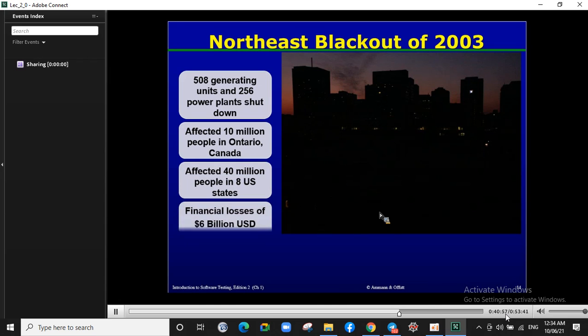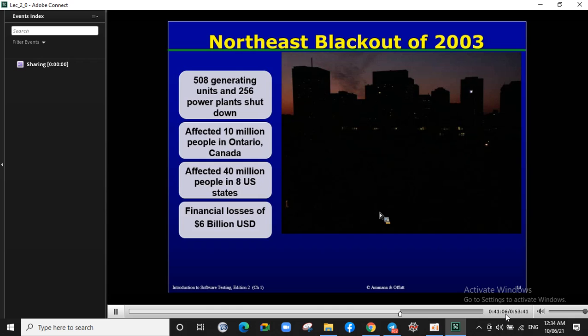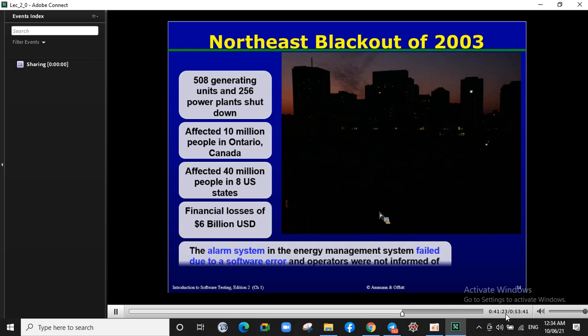The financial loss is about $6 billion. When they checked the root cause, they found that a software failure happened in the alarm system in the energy management system.